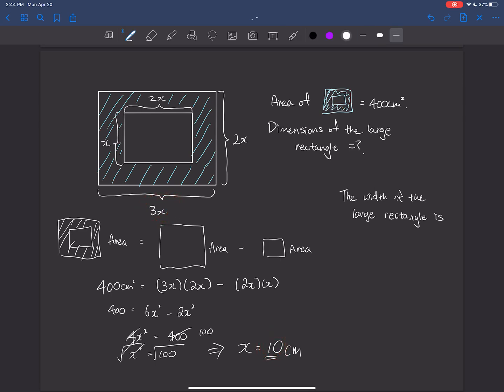So that would be 30 centimeters, and the length is 2 times x, so 20 centimeters. And that's it.